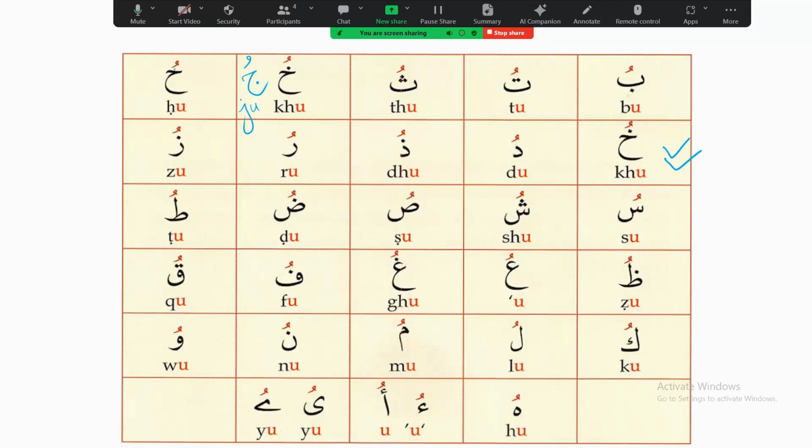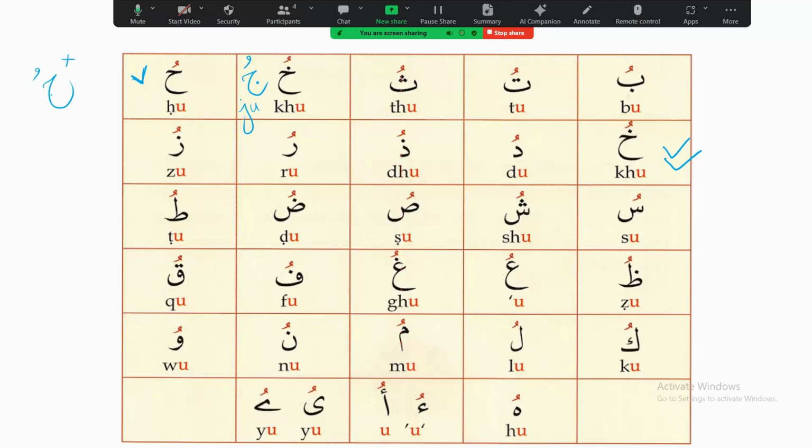We have the ha letter with dhamma, hu. Oh, this actually requires a little bit more practice. Why? Because the ha letter with dhamma might sound like the other ha letter, the one which has a dot on top of it. We are supposed to avoid making the scratch or aberration in this ha letter, because there is a chance of this scratch when the ha letter has a dhamma on top of it.